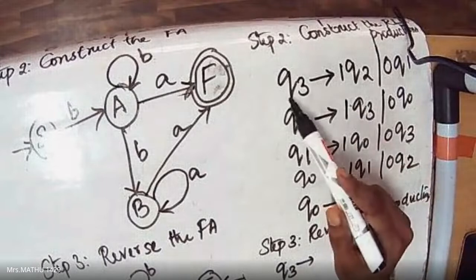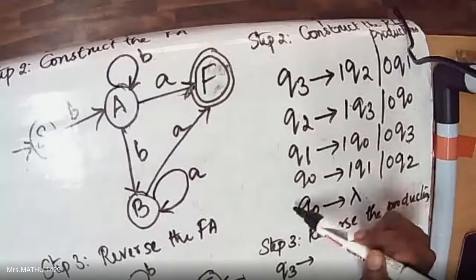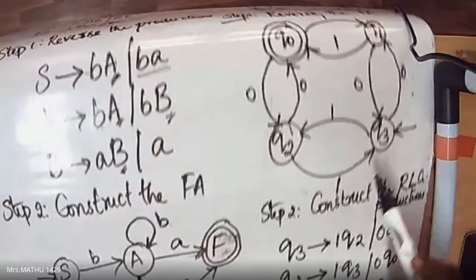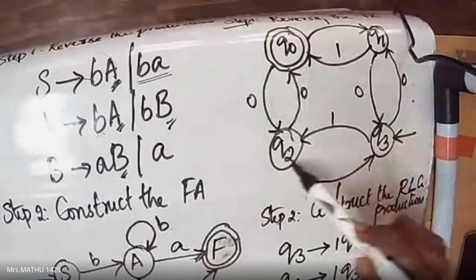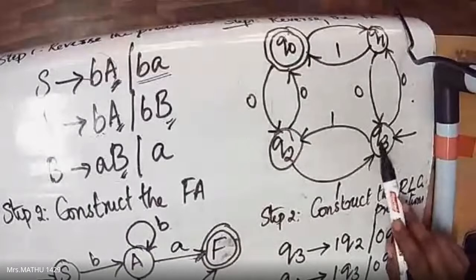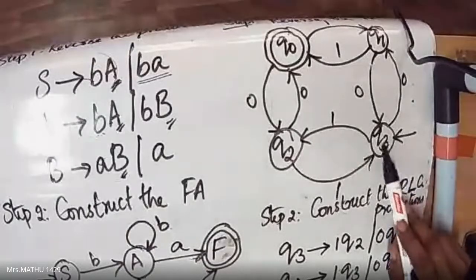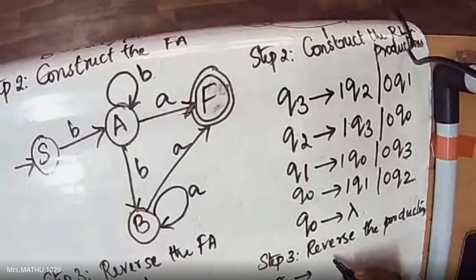See here, the right-hand and left-hand side things, these are all the variables, because what represents your variable? The state names. Though they are represented as lowercase letters, actually these are the variables because these are the state names. So Q0, Q1, Q2, Q3 are the variables.